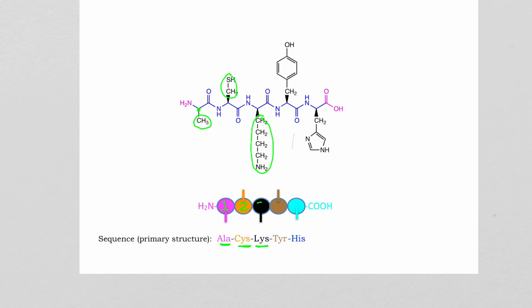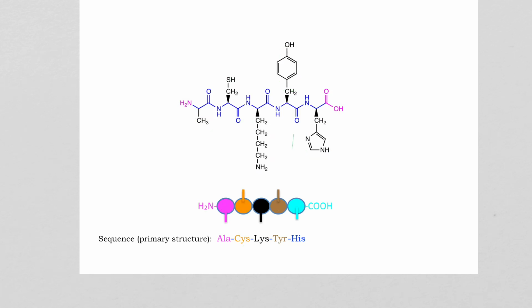So amino acid number 3 is lysine. Then the next R group belongs to tyrosine. So amino acid number 4 is tyrosine. And the last R group here belongs to histidine. So amino acid number 5, the last amino acid in this protein, is histidine.